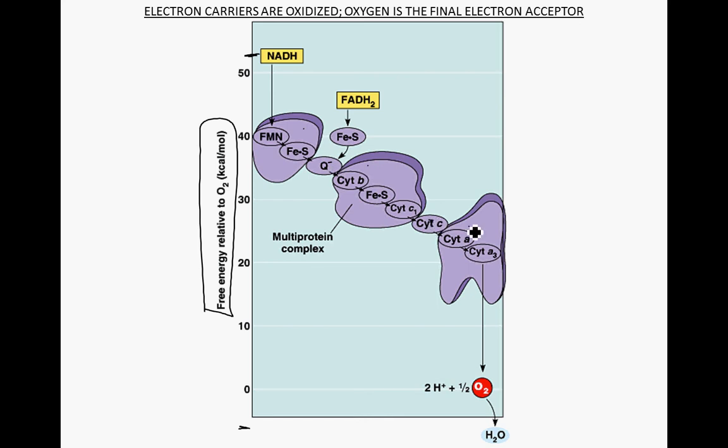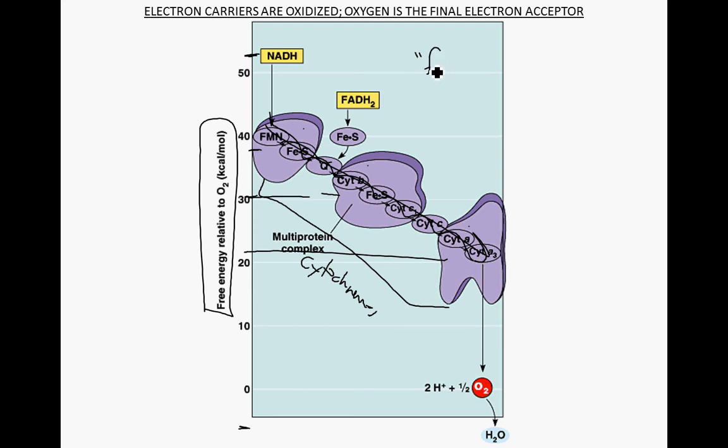The structure of those cytochromes gives them a free energy gradient themselves. But when I reduce it, and then oxidize it, as these electrons move, they're moving down an energy gradient.